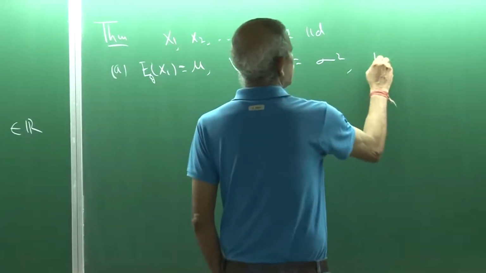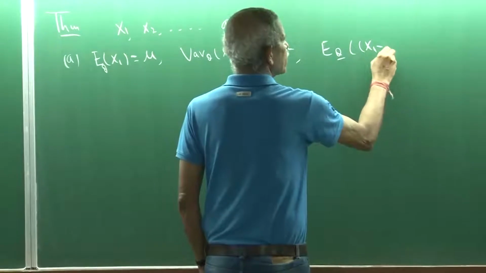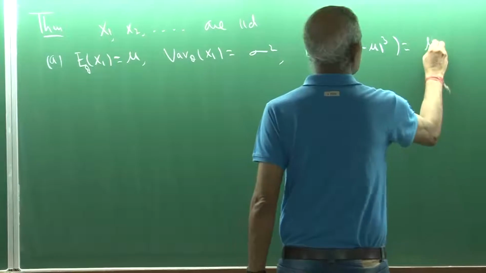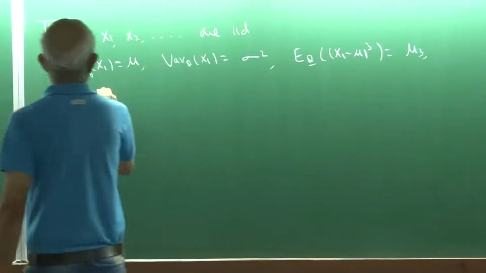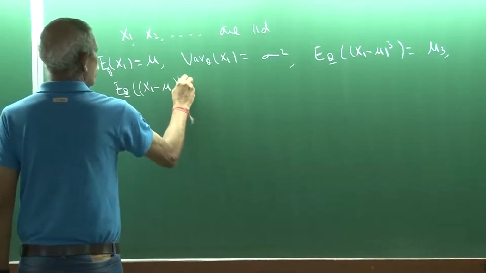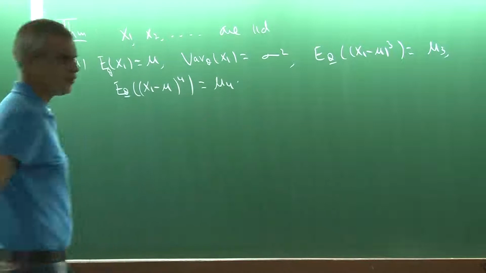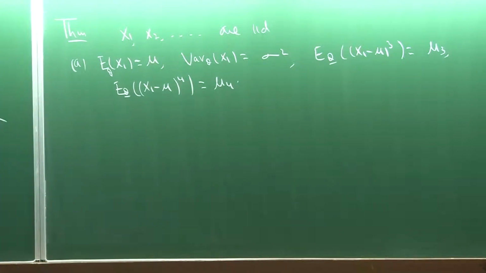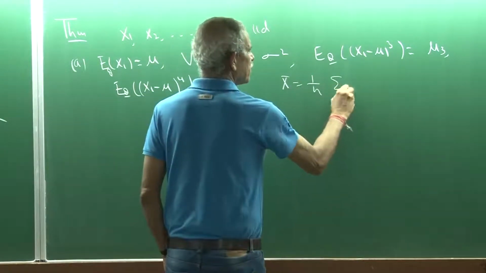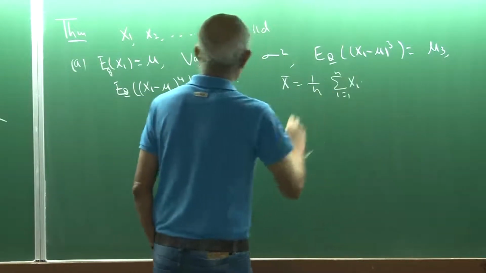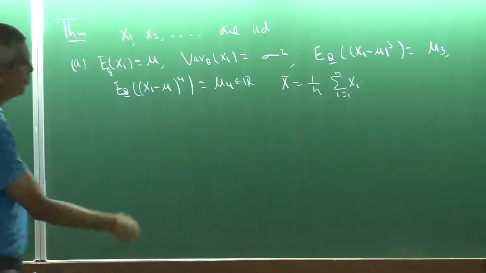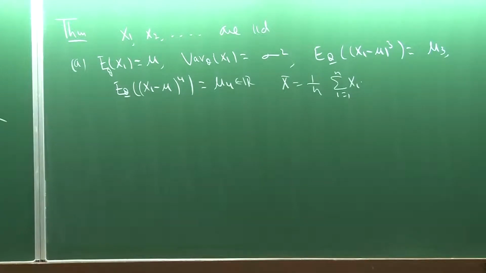It has a third central moment also, so expected value of (X1 minus mu) whole cube is, suppose, mu3, and expected value of (X1 minus mu) whole 4 is mu4. So first 4 moments. X bar is 1 upon n summation i equal to 1 to n Xi. So I assume that its first 4 moments are finite. So mu4 belongs to R, that would guarantee that the first 3 moments are also finite.